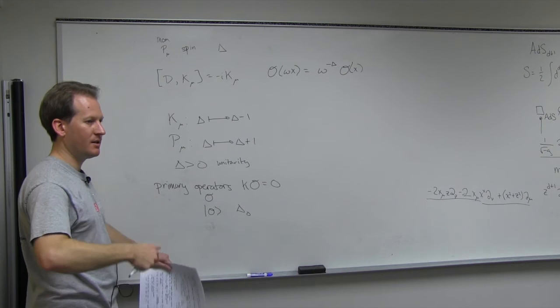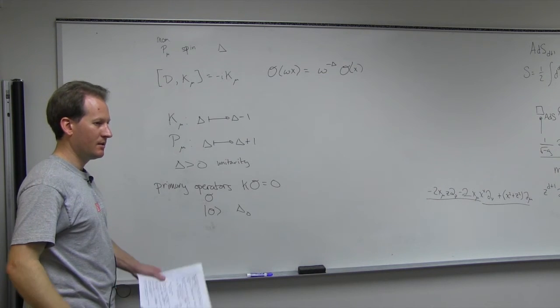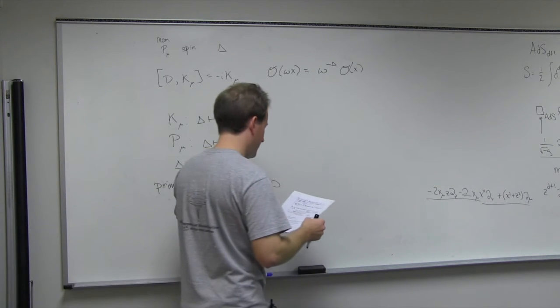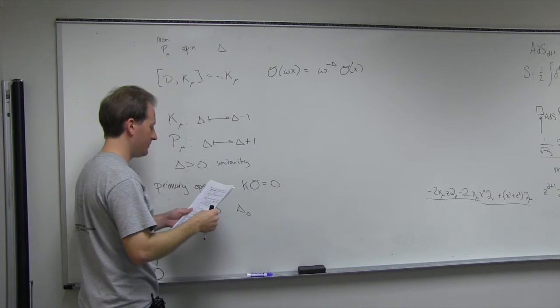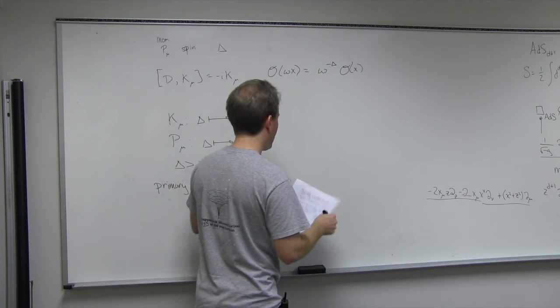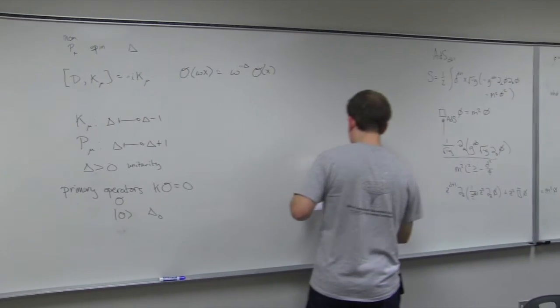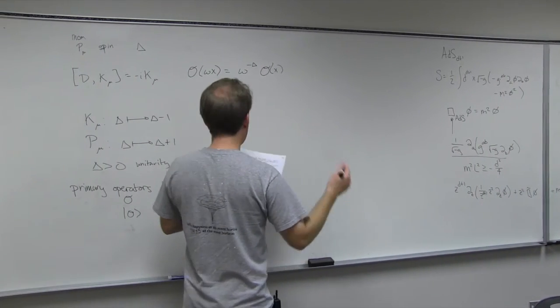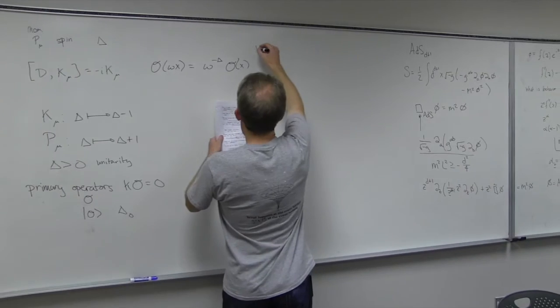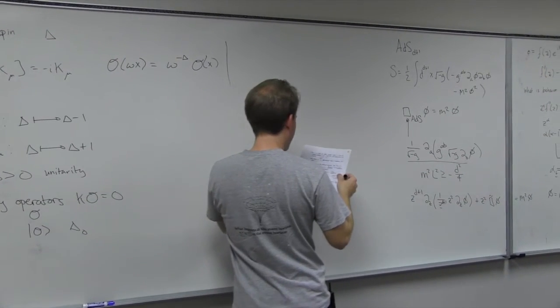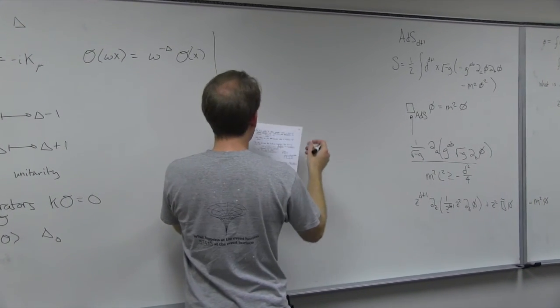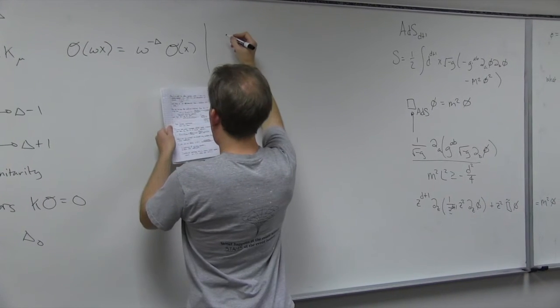These are just a collection of all the operators that I can have in the field theory. And obviously there are entire courses on conformal field theory, so I'm just giving the very basics.